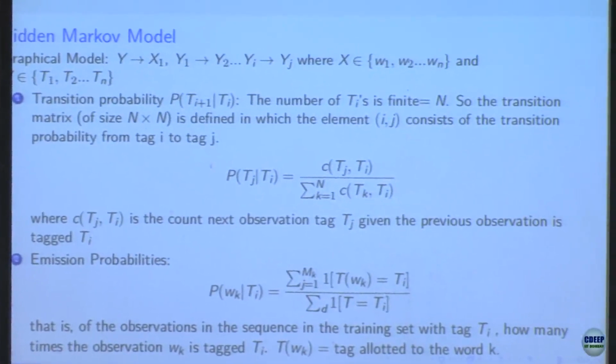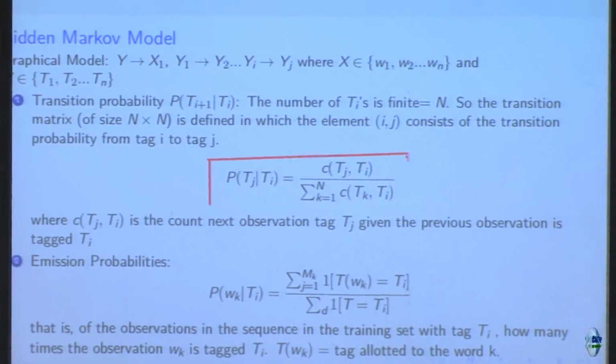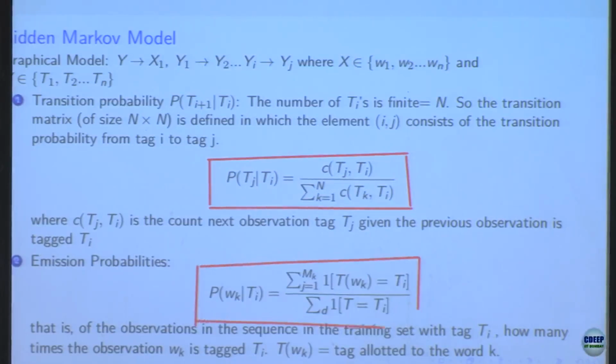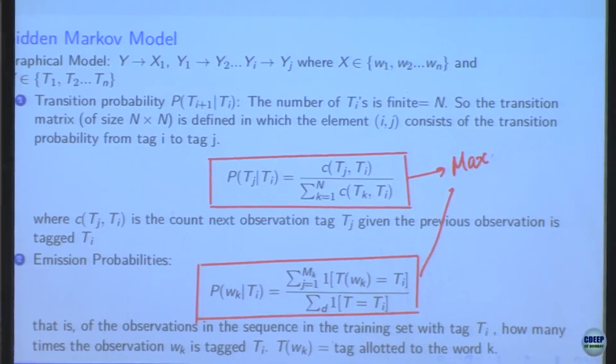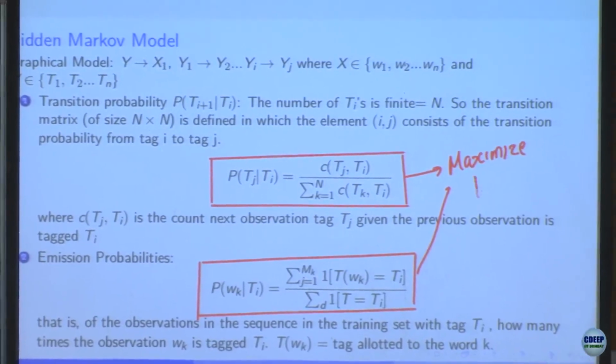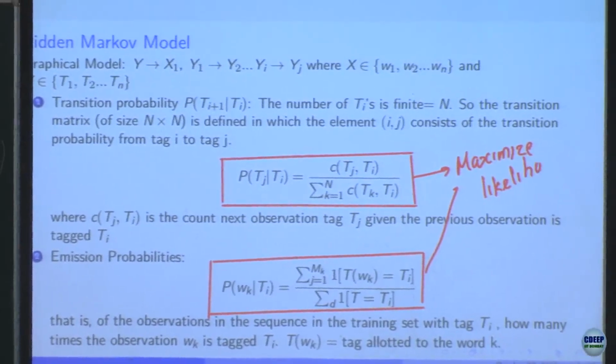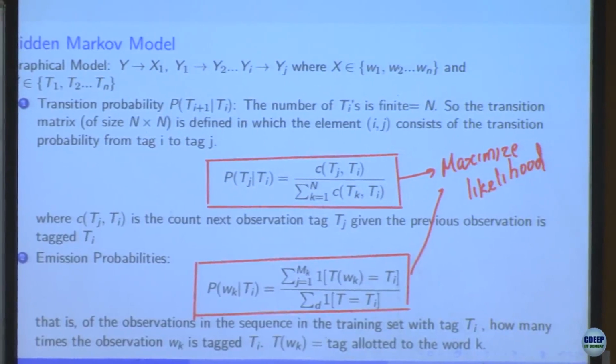So these two correspond to the argmax of the likelihood. Why will require a little bit of an optimization trick, but I will not get into that. Now let us look at intuitively what these two expressions are saying.